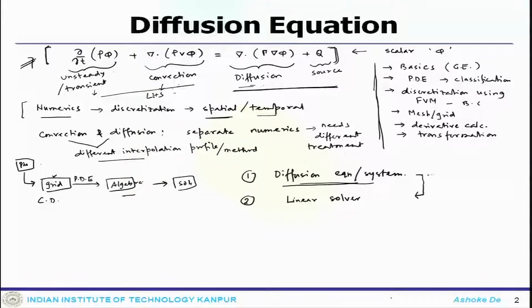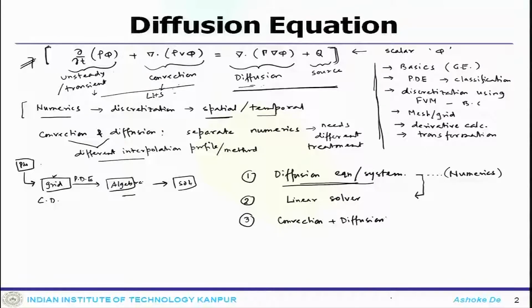When we talk about the diffusion system, essentially we talk about the numerics, and numerics means it will include all sorts of numerical calculations, special calculations, any boundary conditions, any special treatment required for a particular kind of discretization, everything. And then, since we are done with the diffusion term, and by that time we will have our linear solver also ready, we will add the convection diffusion system, convection plus diffusion.